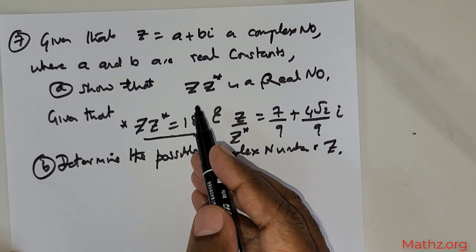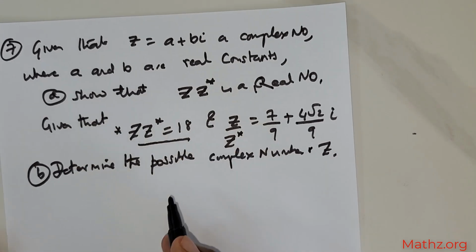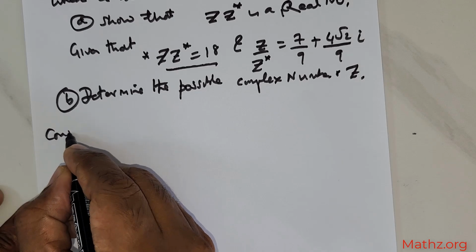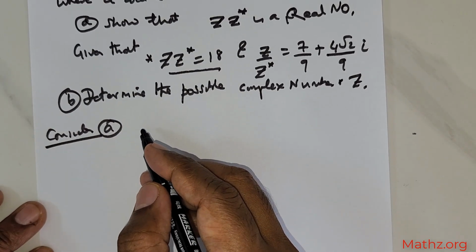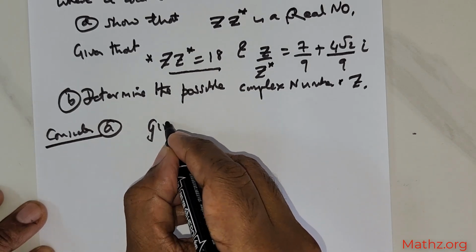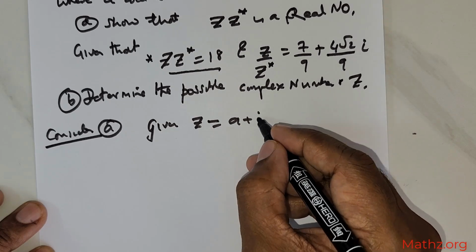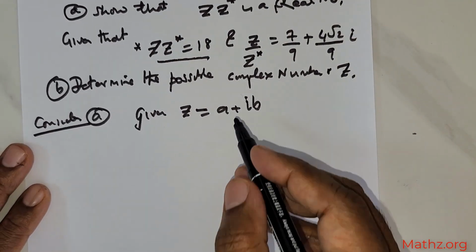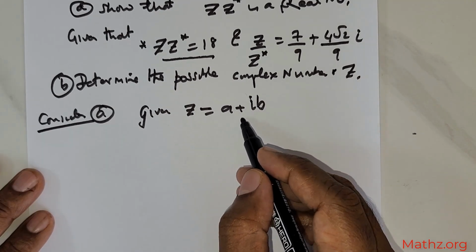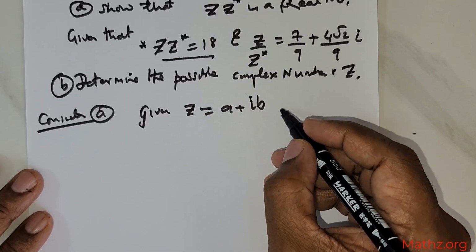Okay, so I will start off by doing part A. We need to show z times z star is real. Given z is equal to a + ib. It's given as bi, but for the sake of convention, I'm going to take z as a + ib. There's nothing wrong with that.